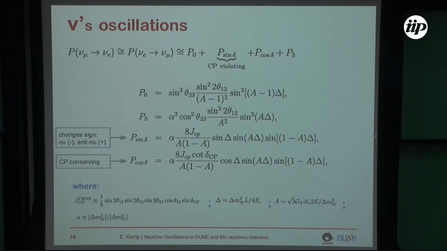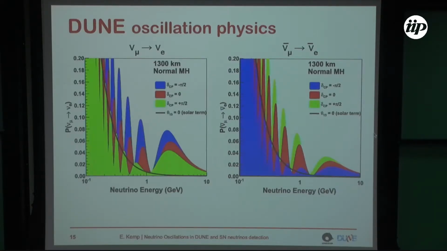And this term here is an even term that conserves the sign whether you have particles or antiparticles, so it doesn't matter for the difference in probabilities. And this is the term that can change the oscillation probabilities. And here is what these probabilities in the appearance of particles and antiparticles look like in the DUNE case.